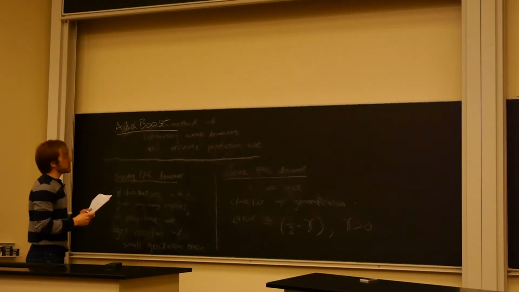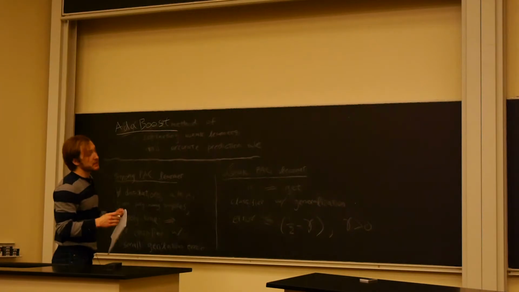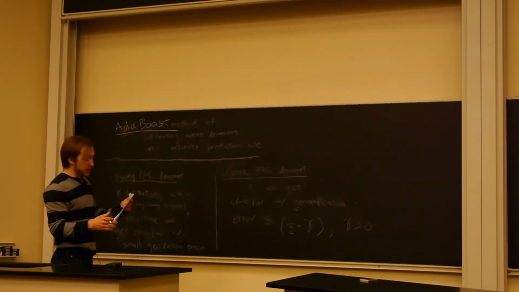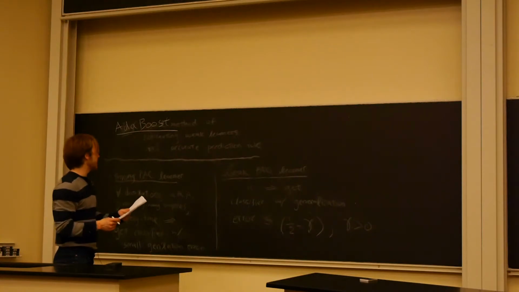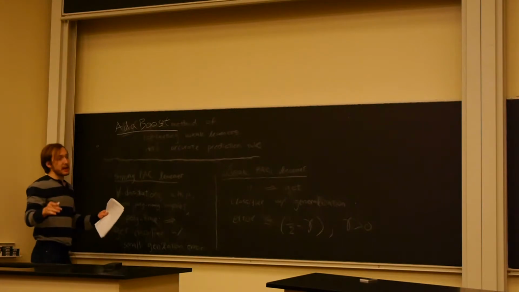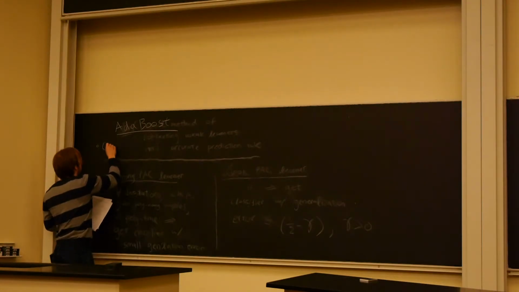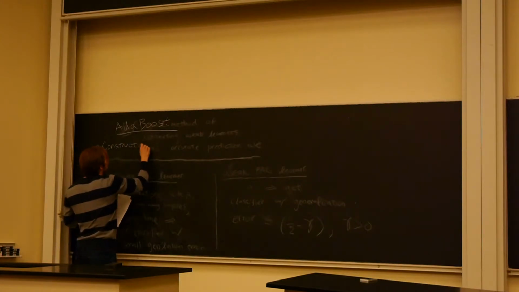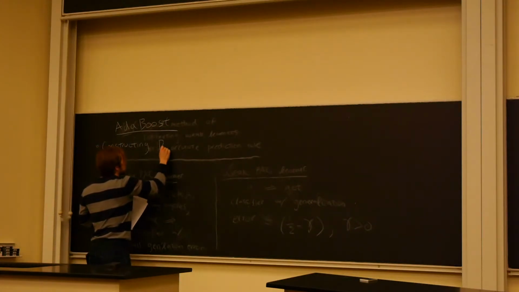OK, so again, the two things that Adaboost needs to specify is how do we construct these distributions D_t over the data points at each round, and how do we construct the final classifier. So first let's talk about how you construct this discrete distribution over these m data points, which we call constructing the D sub t's.